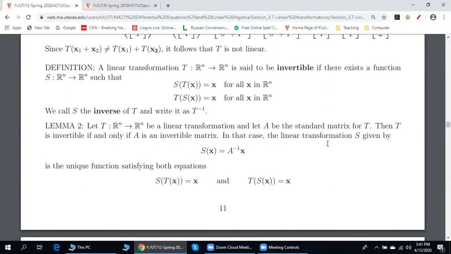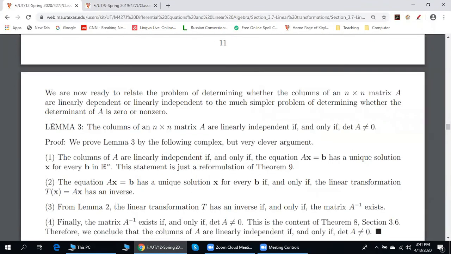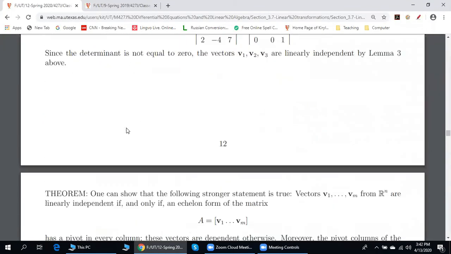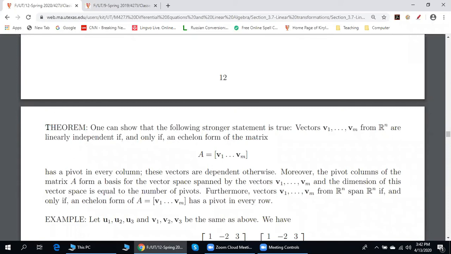All right, guys, let me finish this section with a bunch of important theorems. Please take a look at lemma 3. By the way, on the next page, we discuss a very important theorem that tells us how to determine whether or not vectors are dependent or independent. Once again, we put vectors together, come up with echelon form, and count the number of pivots.